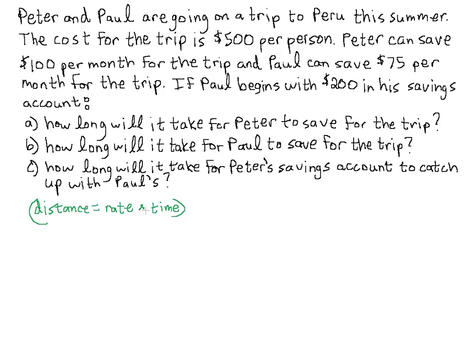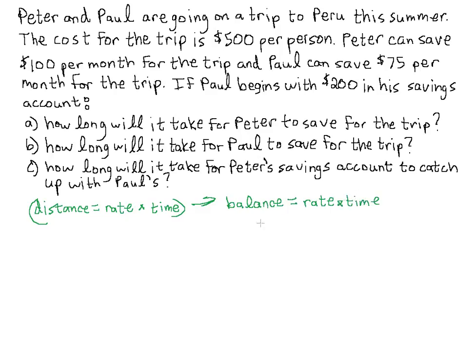We've used this formula in a few different sections, so we should be fairly familiar with it. Since we aren't necessarily dealing with distance, but an account balance, it's still a linear equation, and it actually looks very similar. We can just substitute a few of the variables. We can say that the savings account balance for each person equals the rate of how fast they're saving money times the amount of time that they're saving money.